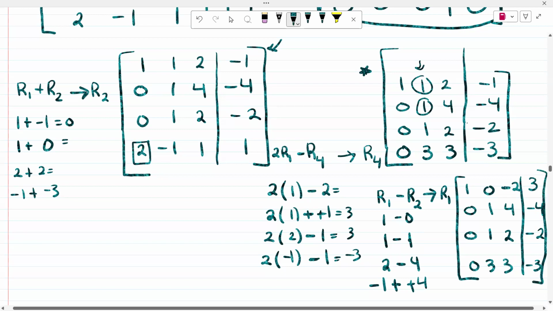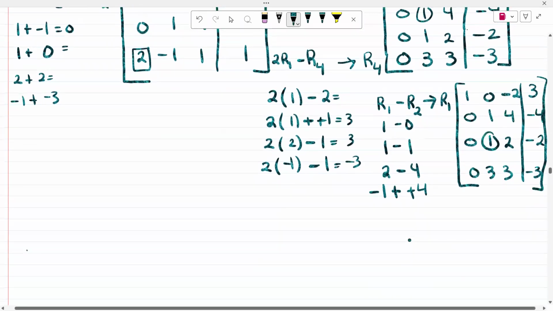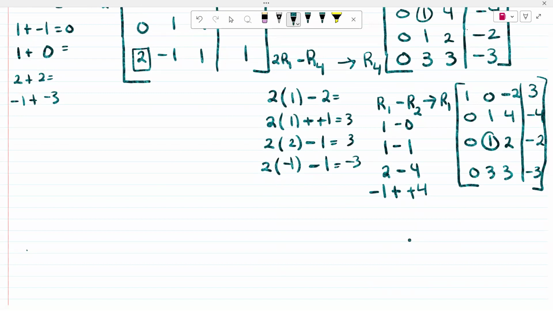Okay, good. Now that we have this 0, and this one stays the same, let's make this one into a 0. So how would I do that? Well, I think all you've got to do is subtract row 2 by row 3, right? Or what should I do?